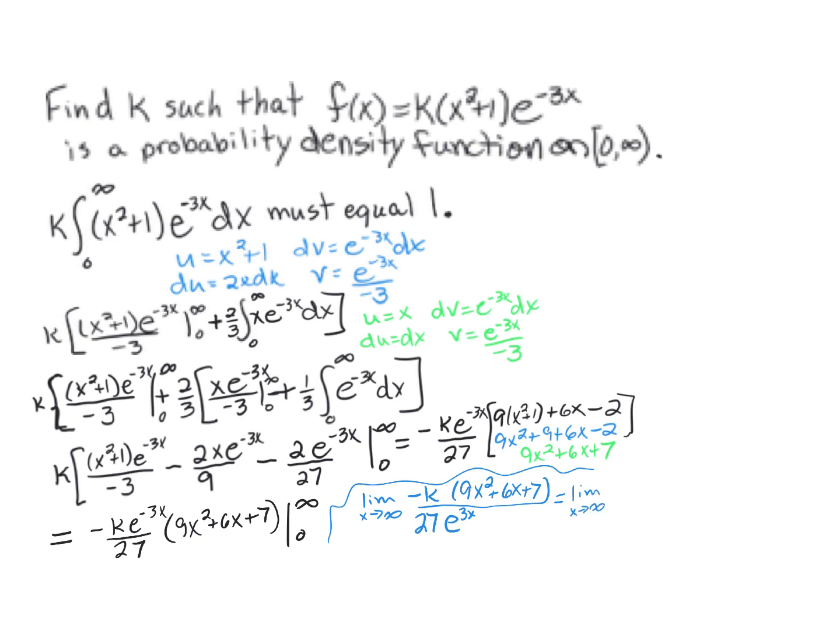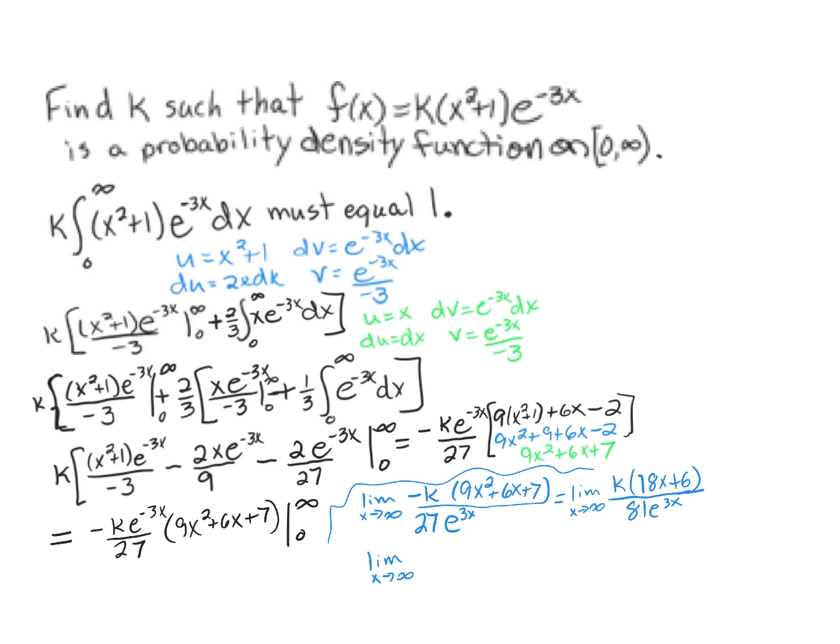I'm going to have to do this twice. Derivative of the bottom gives me 81 e to the 3x. Derivative of the top is going to give me 18x plus 6. I know now when I plug in the infinity, I get infinity over infinity. So I apply L'Hopital's rule again.